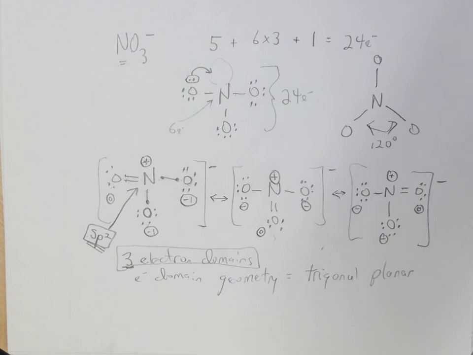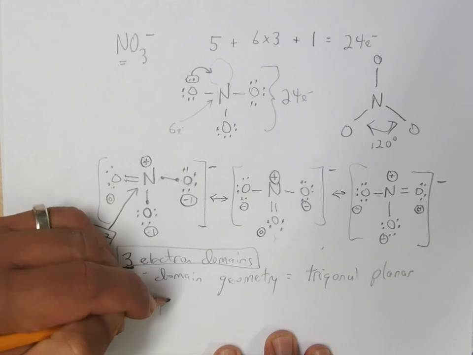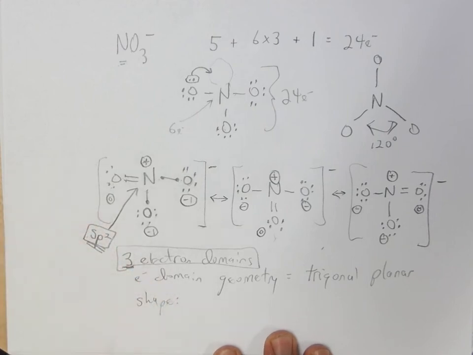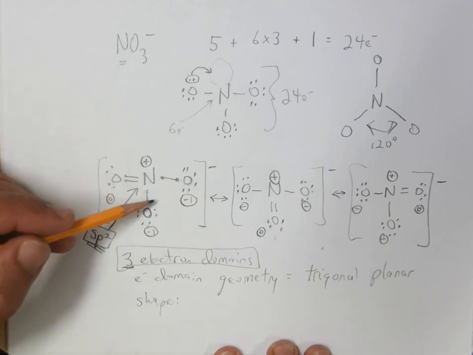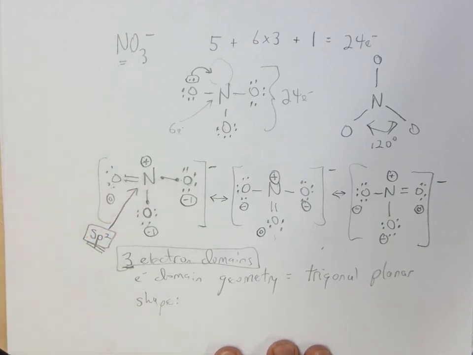Alright, so the electron domain geometry is trigonal planar, and then the shape of the molecule is again what we see in terms of the atom arrangement, realizing that the lone pairs of electrons are invisible. And in this structure, we don't have any lone pairs of electrons on the central atom.